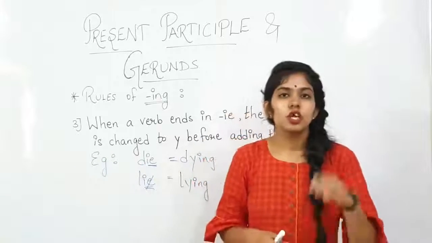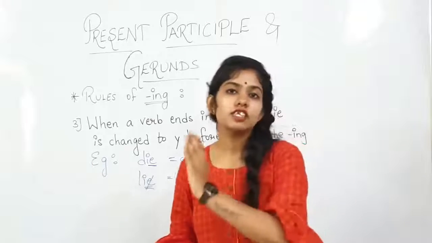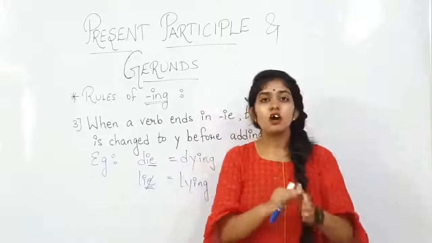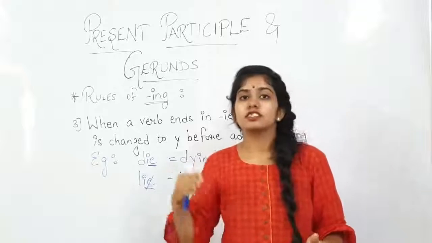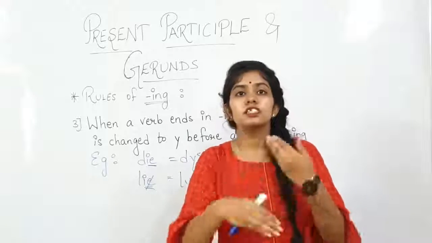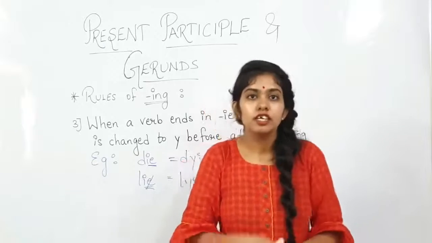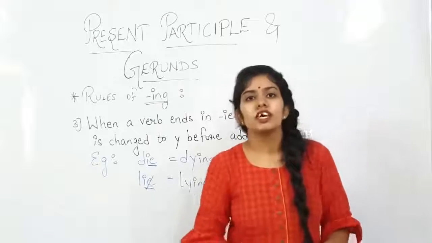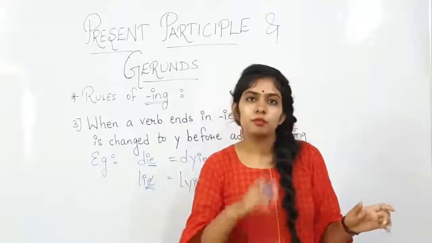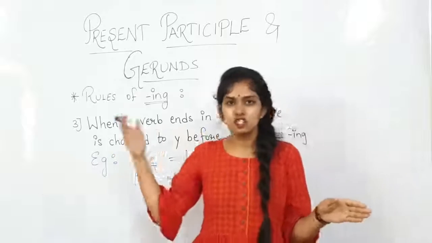In the second rule, when the word is ending with e, but the sound of that e is not silent, means we are pronouncing the sound of that e, over there we will not drop the e, but directly we will add ing.